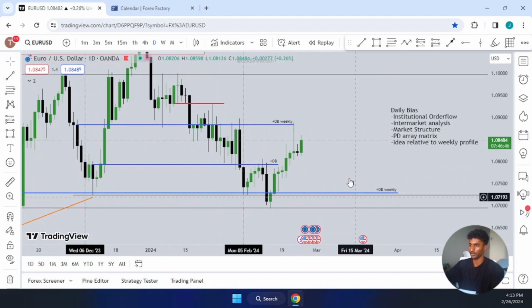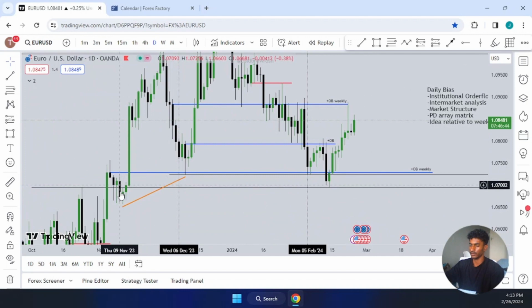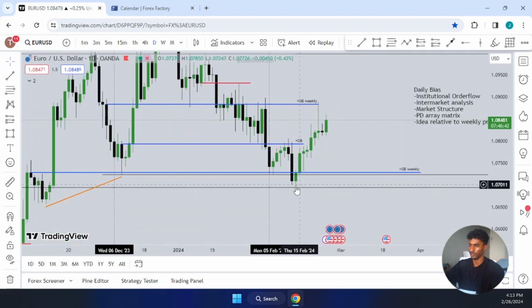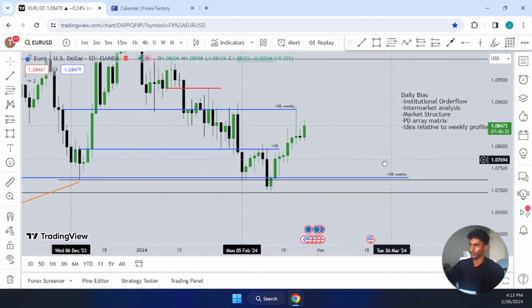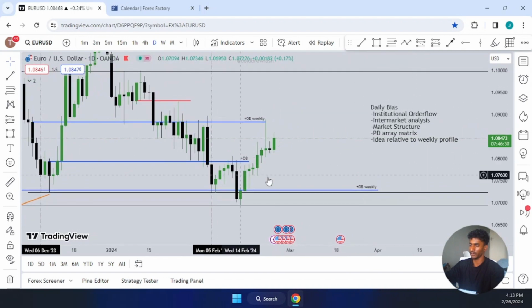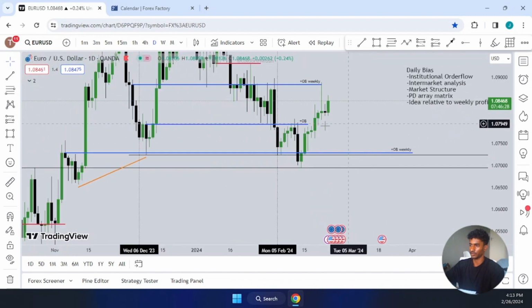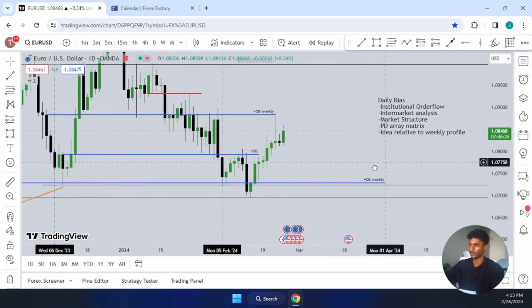The last thing it traded away from was a down candle. So while it was trading here, I'd be looking for these candles here to get violated.